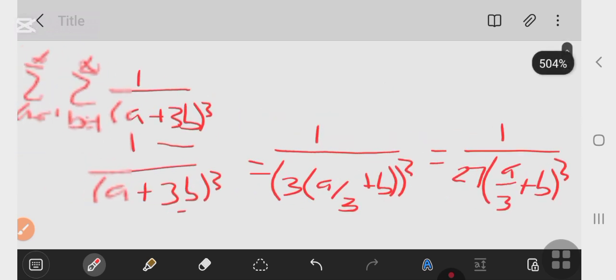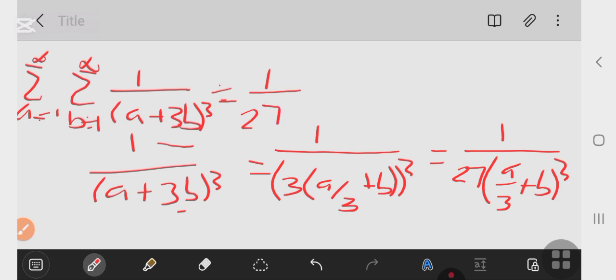Okay, let me just bring it in here. This is equal to 1 over 27 multiplying the double sum of first.